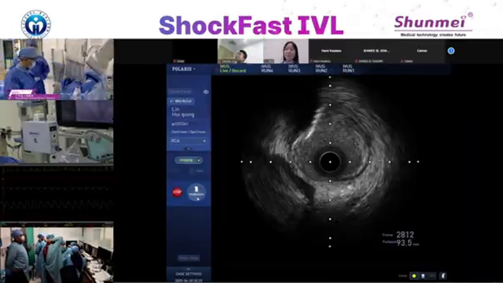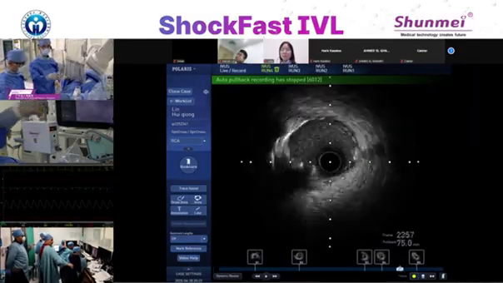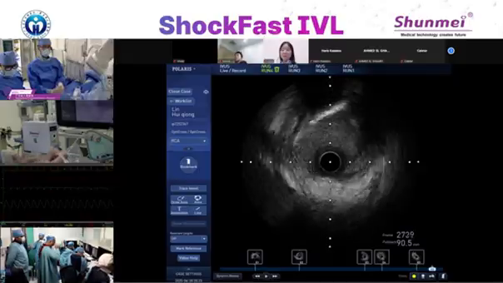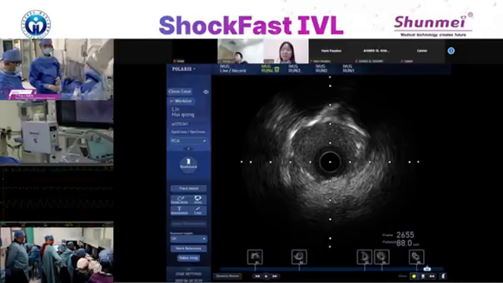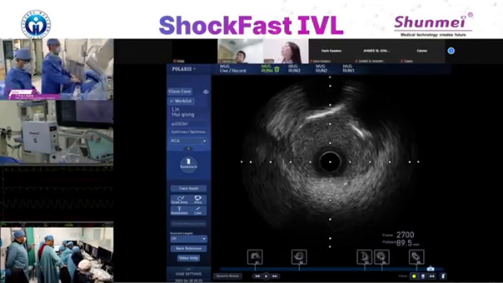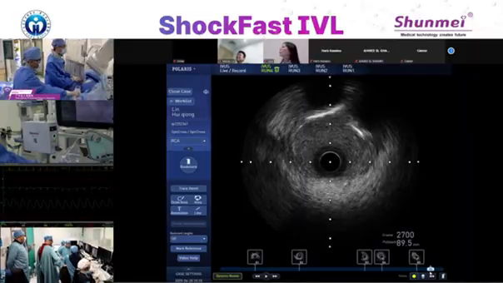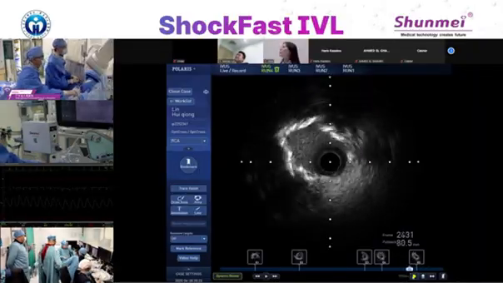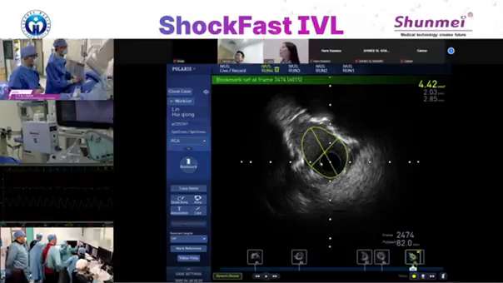Okay, so far the two stents look acceptable, except for the distal stent, which has a waist at the mid-distal portion.